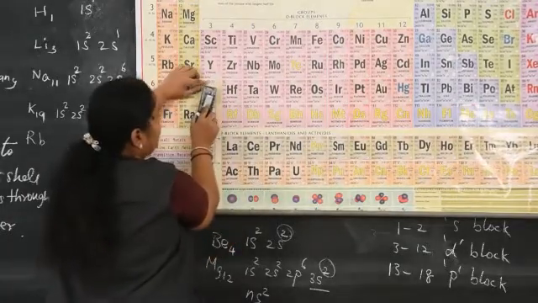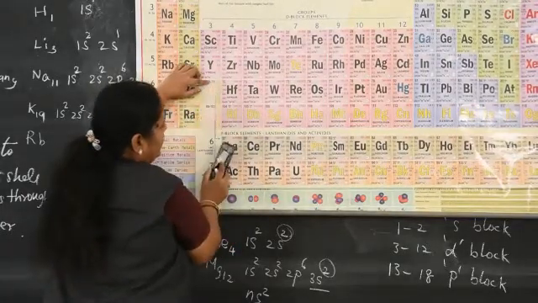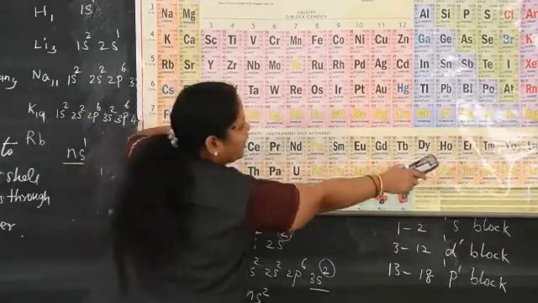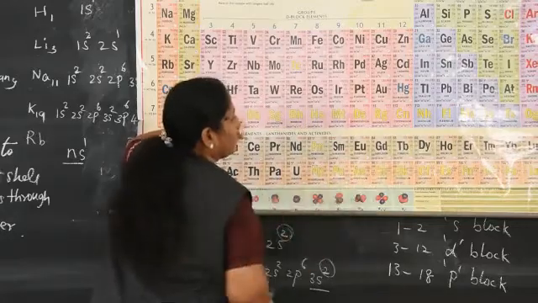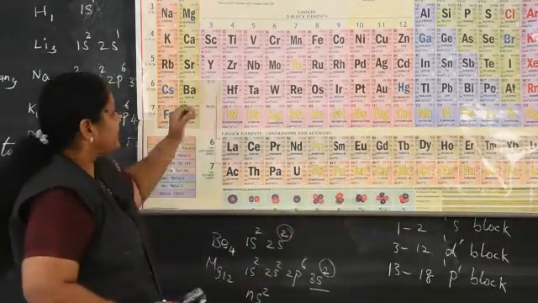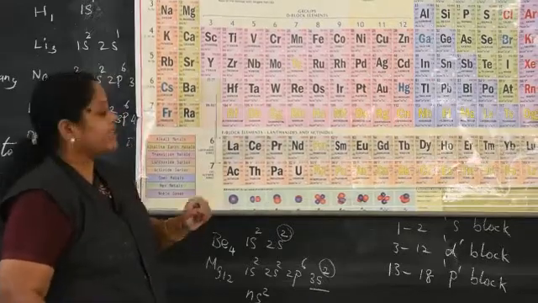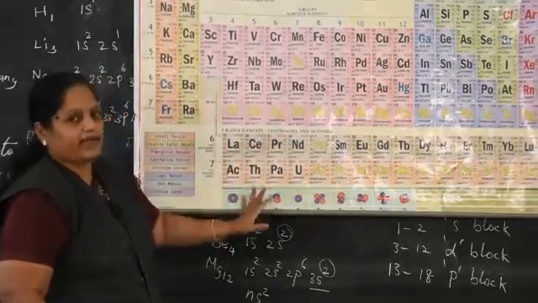Atomic number 57, after that atomic number 58, 59 up to 71, these are F block elements. They form a series in between the D block, that's why these are called inner transition elements.